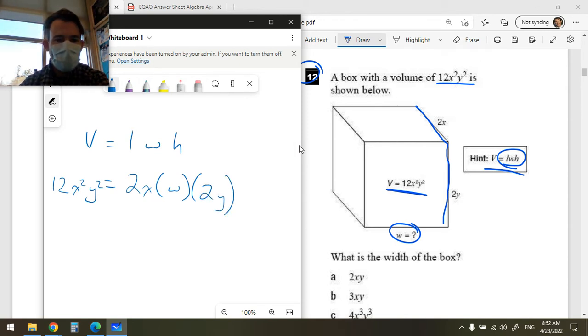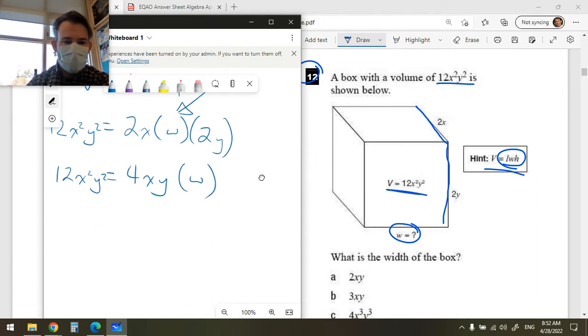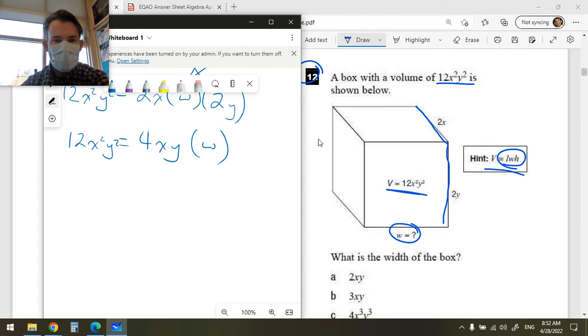We don't know this w here, but we can multiply 2x times 2y. That's 4xy. And then we still have to multiply by this unknown width. What is it all equal to? 12x squared y squared.